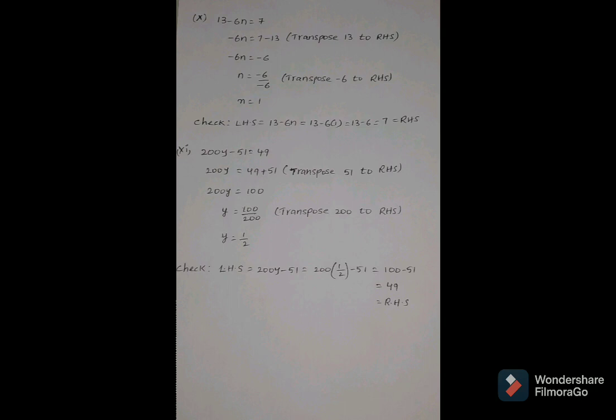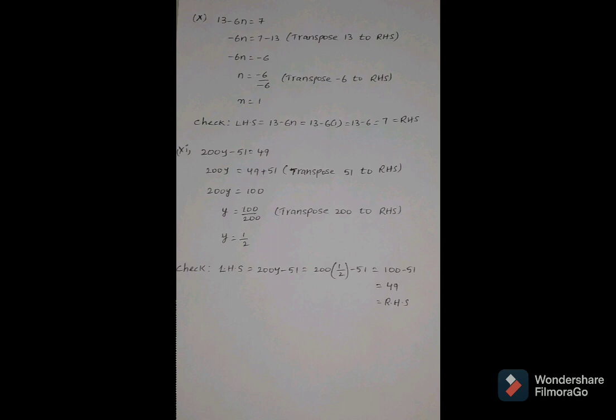So n equal to, here observe, in LHS minus 6n, that means minus 6 into n. Multiplication is transposing to RHS, it will change to division.